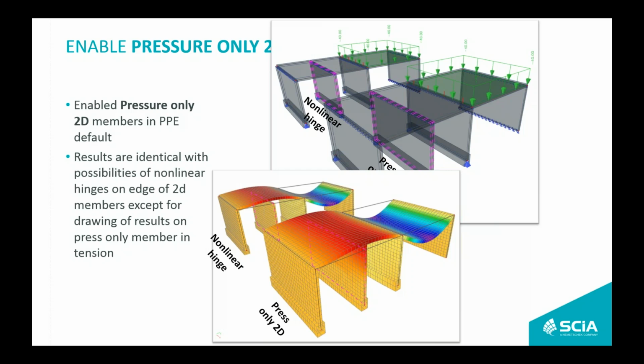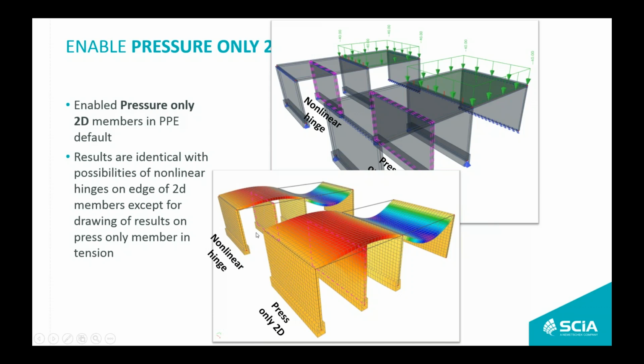On one, the nonlinear hinge is used on the top edge of the wall, again with compression-only nonlinearity, whereas in this case we have the press-only 2D member set as a nonlinearity, and the deformation results are identical if the wall is in tension.